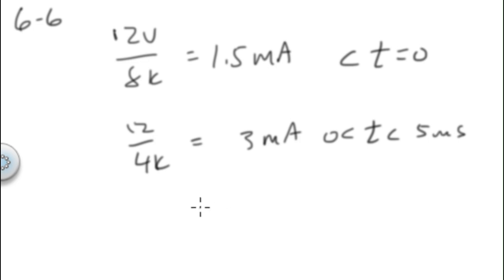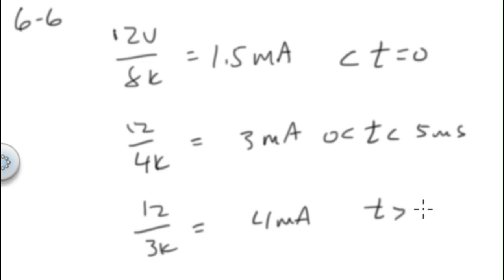So we now have 3K, so it's 12 volts divided by 3K, or 4 milliamps, for t greater than 5 milliseconds. Okay, so those are our answers, and it would go 1.5, then 3, then 4.